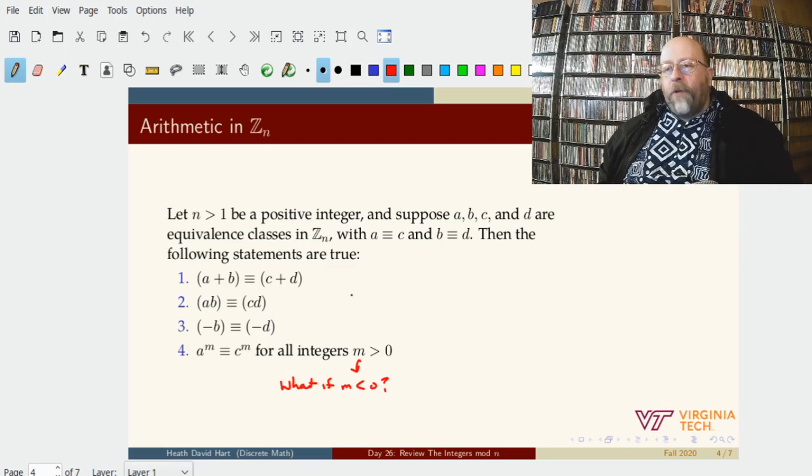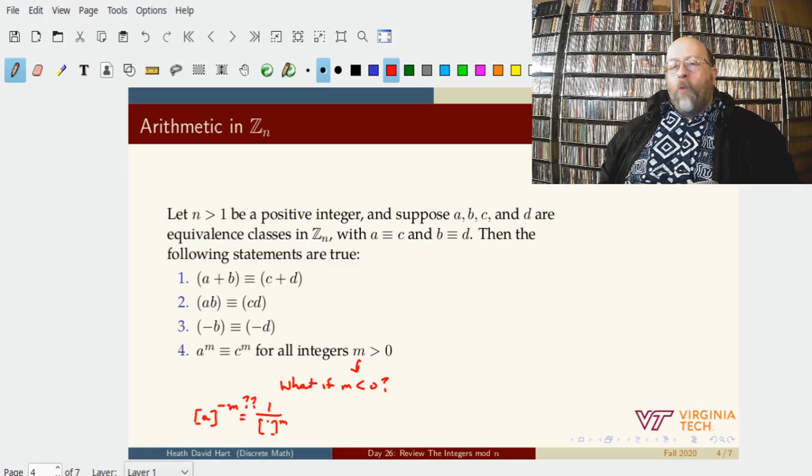Well, then we run into a problem. The problem is that A to a negative power would be like 1 over an equivalence class to a positive power, but we don't know how to take 1 over a set. 1 over a set is undefined.